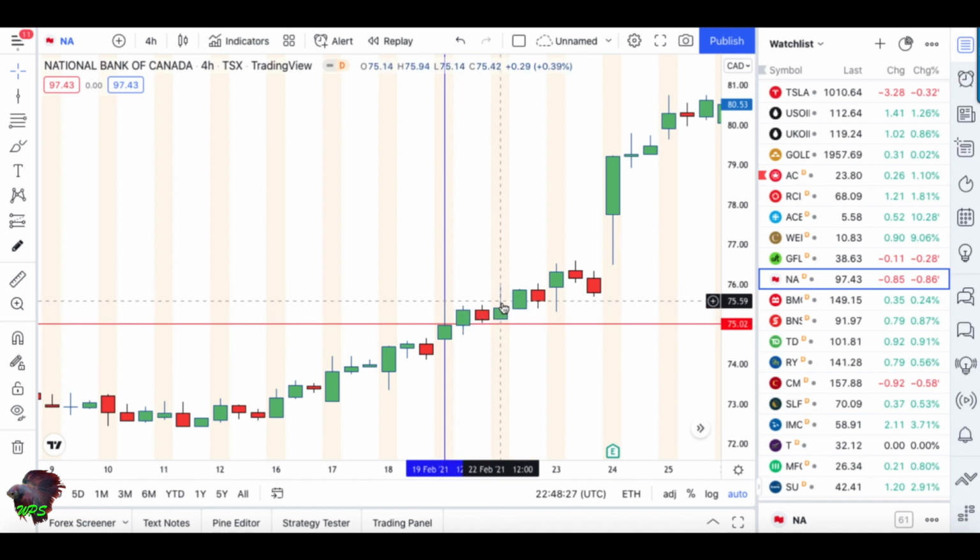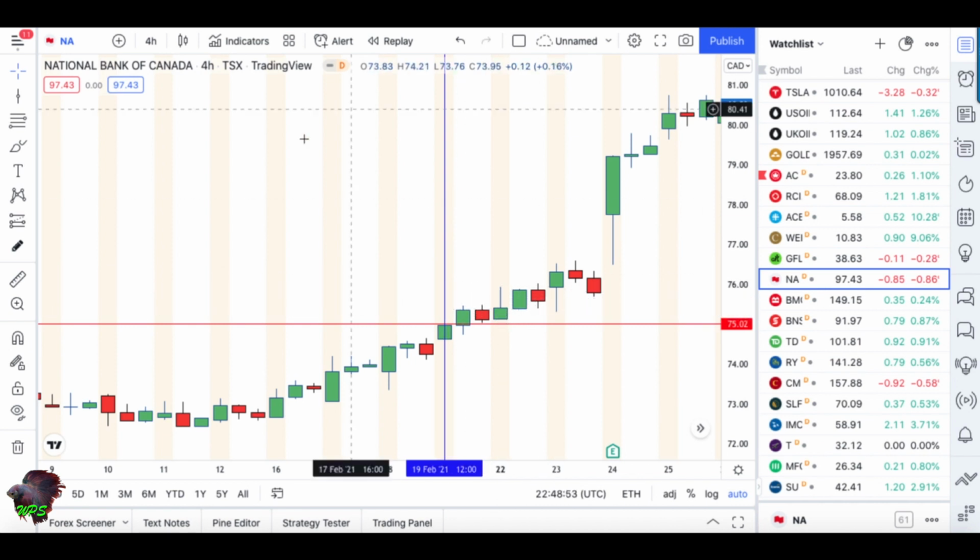The next candle breaks the top of both of these candles and creates this new candle. We have a low, we have a high. The high was 75.94. Now we have another candle created right after that. In this case we get a bullish candle, which is housed, or it's an inside bar of this candle here.